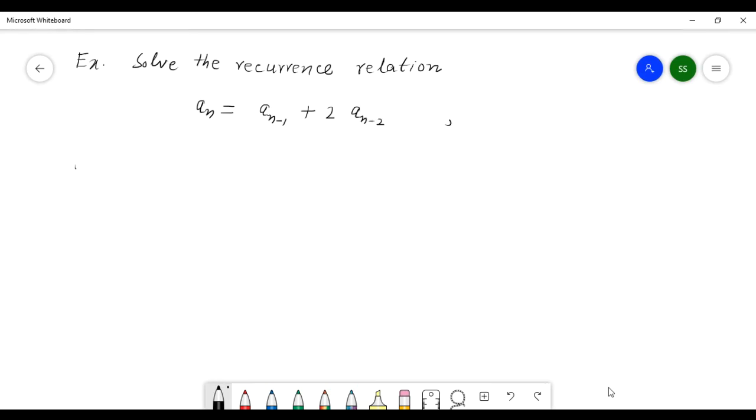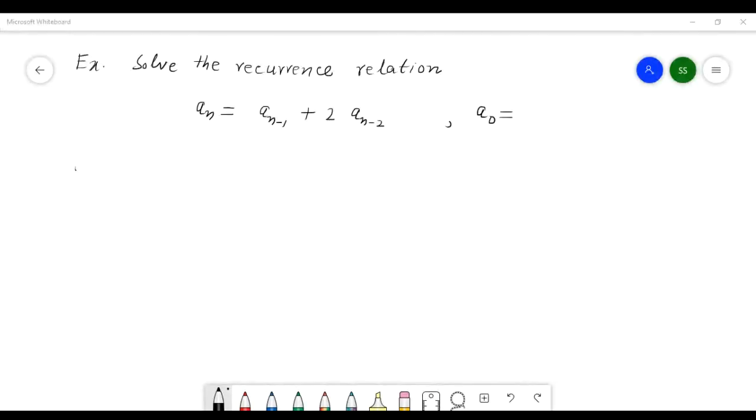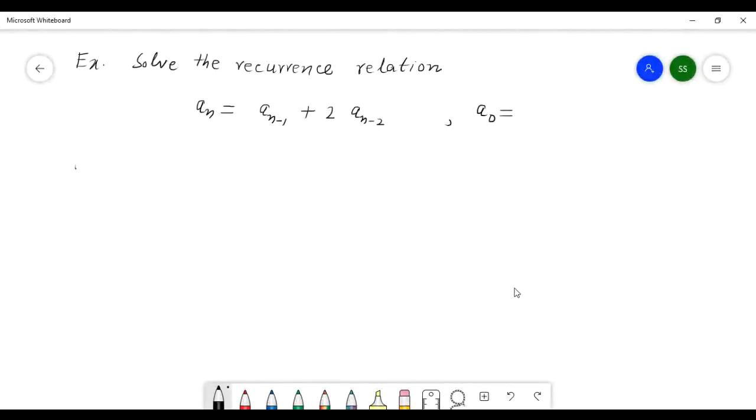And here there are two conditions: a_0 equals 2 and a_1 equals 7. There are two conditions, so you have to solve this recurrence relation.